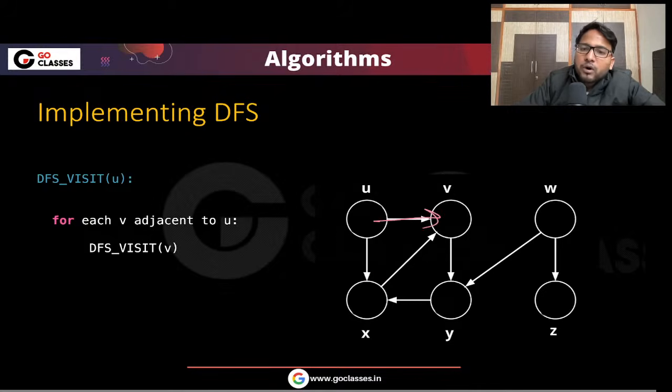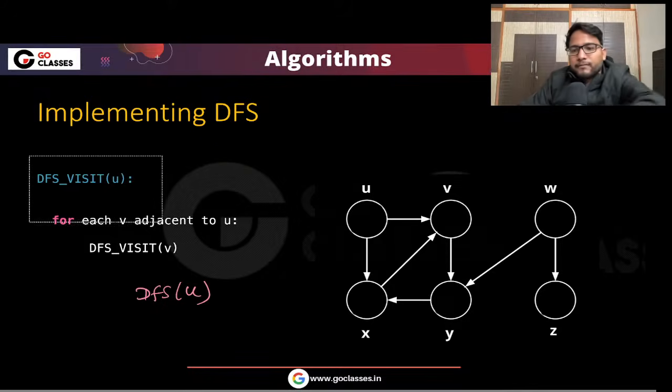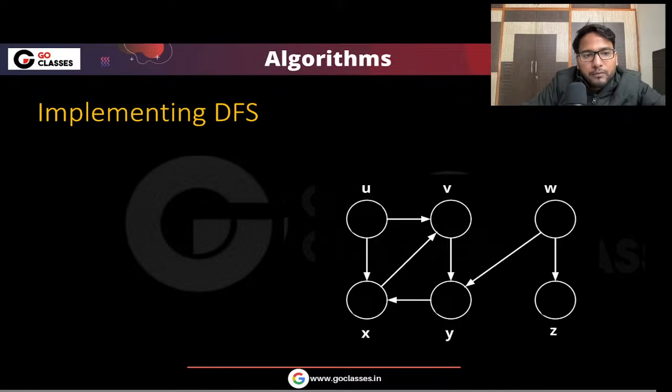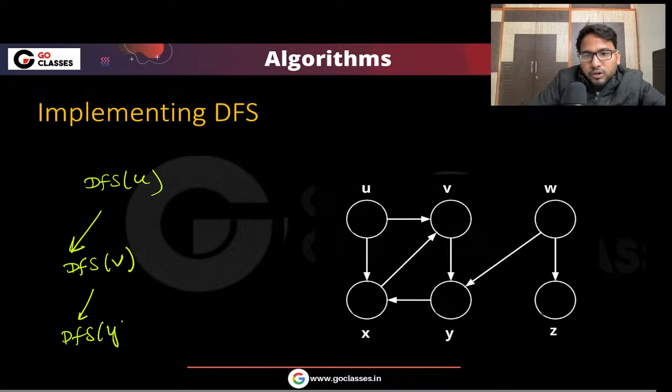So for every node, we are calling DFS, which means at this U, if you call the DFS, then this DFS of U will be calling DFS of, let's suppose, V. And this DFS of V is calling DFS of, let's suppose, Y, and then this will be calling DFS of X.